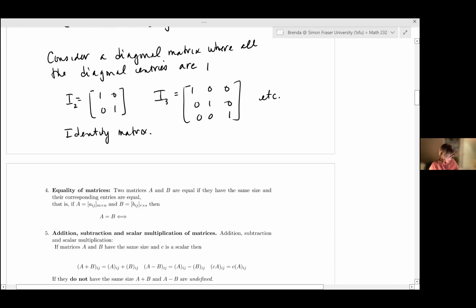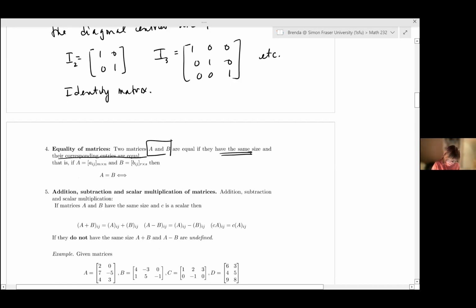Okay, equality. I think I mentioned this already. If we have two matrices A and B, they're equal to one another if they're the same size, and all the entries are equal. That's not too hard to figure out. It basically means if we've got these two matrices that are described with this format right here, we have that M is going to be equal to R, N is going to be equal to S, and A sub ij is going to be equal to B sub ij for all I and J. This symbol here means for all.